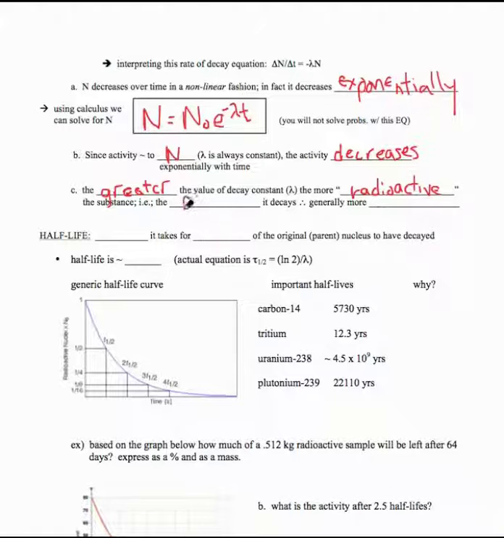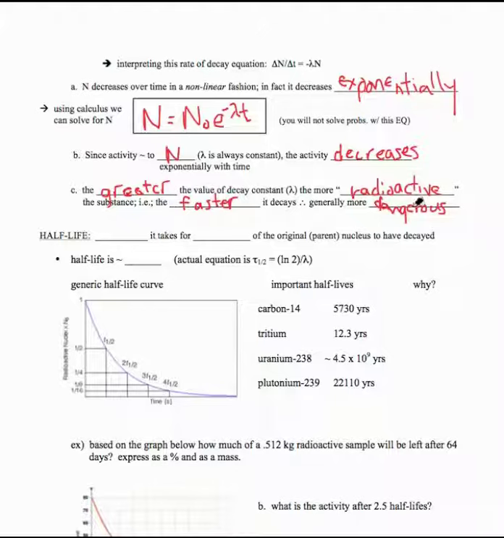So the faster it decays. And that's a conceptual idea that you want to understand. So lambda determines how quickly it decays, and the faster it decays, generally the more dangerous it is. In other words, if you have a sample of something that is very radioactive, that means it decays very, very quickly.